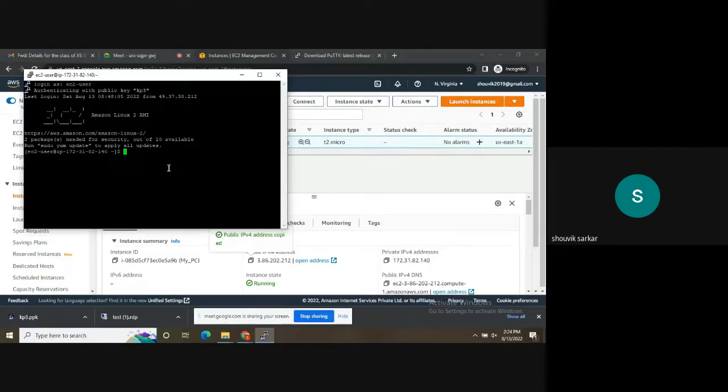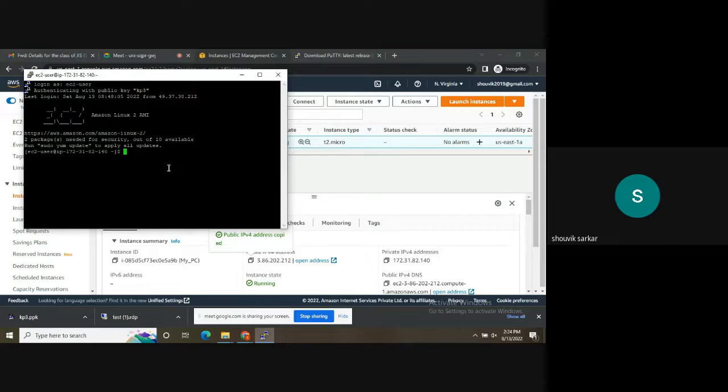So up to this point, we have seen how to create a basic instance. Now within this instance, we want to host a web page. Now the question is how we host it. Last time we went with the IIS server.